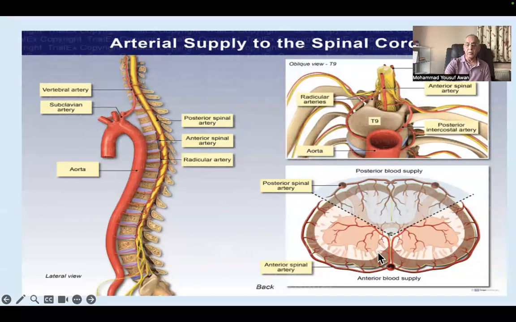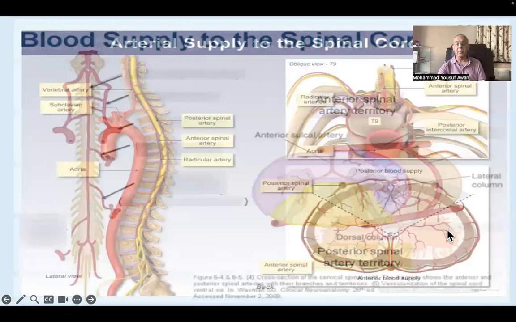But with the anterior 2/3 of the spinal cord, supplied by the anterior spinal artery, this will result in damage to the corticospinal tracts and the spinothalamic tract. Damage to the corticospinal tract will result in hemiplegia below the level of the lesion, and the anterior and lateral spinothalamic tracts will affect the sensory part.